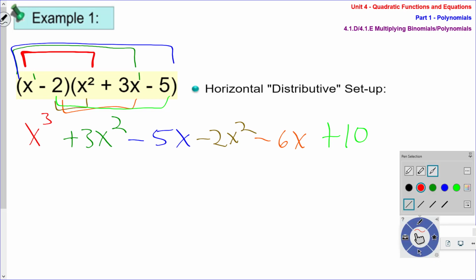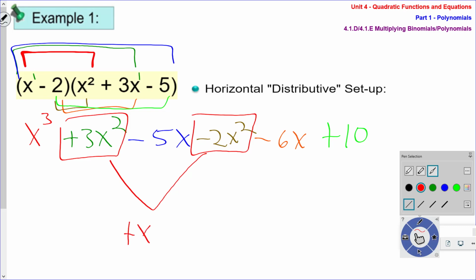Can anyone identify a pair of like terms? Daria. 3x squared and 2x squared. Yes, positive 3x squared and negative 2x squared is x squared, positive x squared. Are there any other pairs? Malachi. Negative 5x and negative 6x, and that sum is negative 11x.